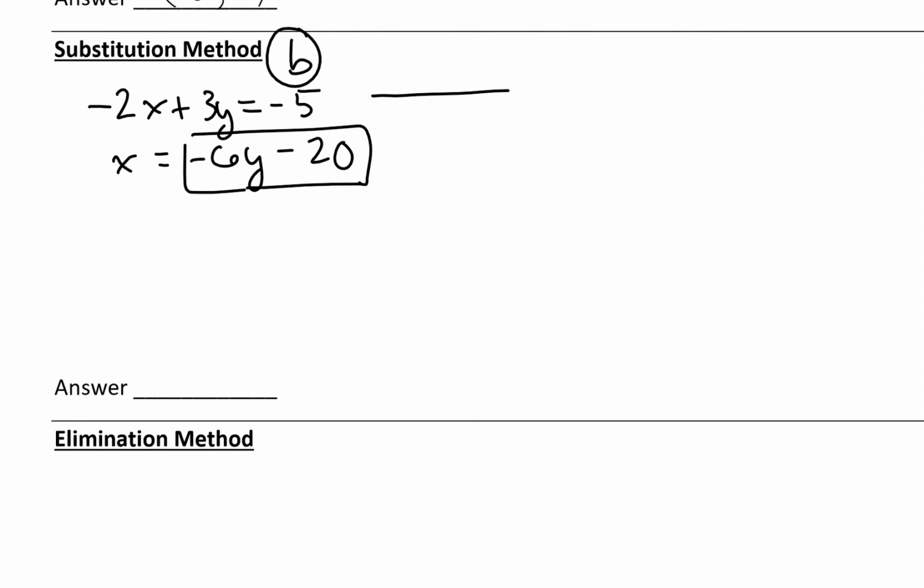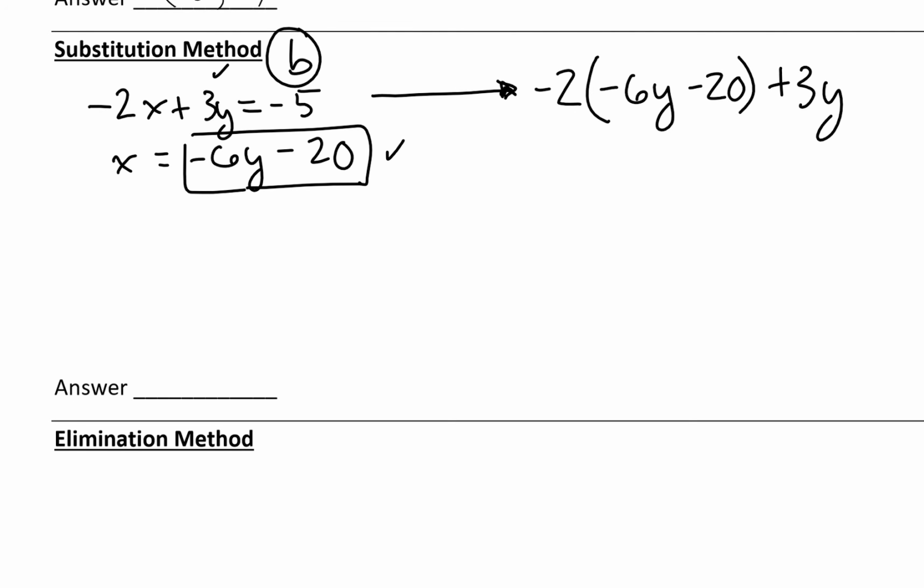So I'm rewriting the top equation: negative 2, but instead of x, I'm using this expression, negative 6y minus 20, and then plus 3y, and that equals negative 5. Now I've got no values of x at all in this equation, just y's.